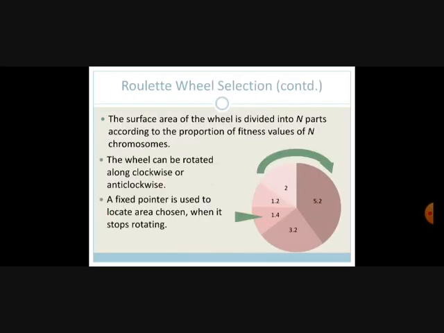The surface area of the wheel is divided into n parts according to the proportion of the fitness values of n chromosomes. The wheel can be rotated clockwise as well as anti-clockwise. For this particular picture, we are going to rotate the wheel clockwise. A fixed pointer that you can see in that image is used to locate the area chosen when the wheel stops rotating.